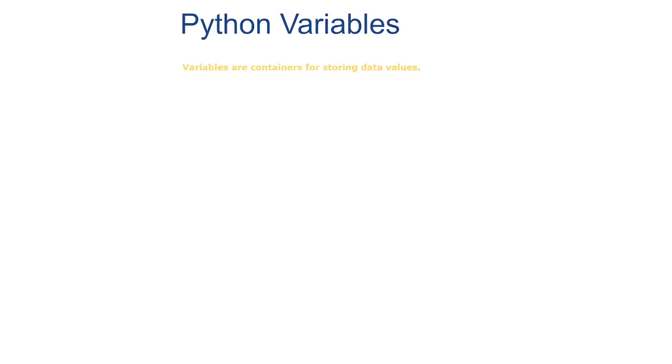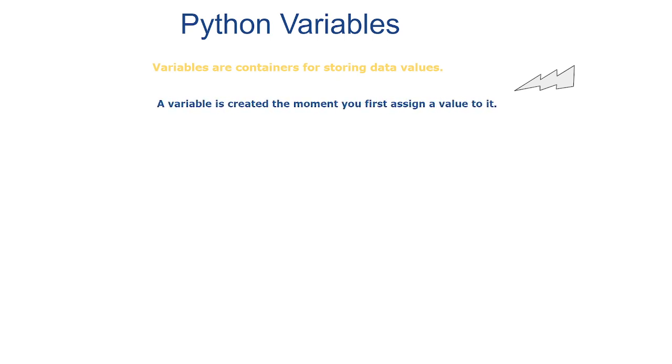Python variable. We will discuss the Python variable. Variables are containers for storing data values. We can store the data value in a variable. A variable is created the moment you first assign a value to it.